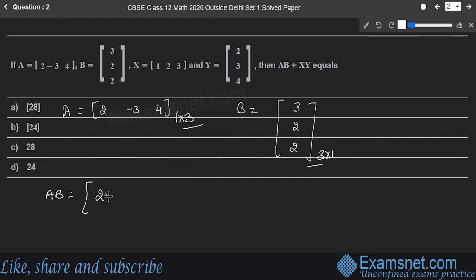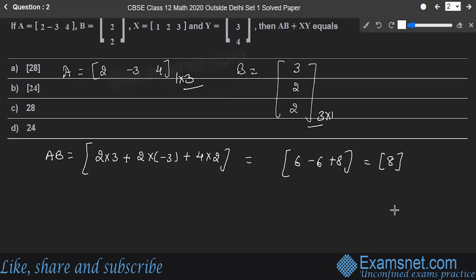So it will be 2 into 3 plus 2 into minus 3 plus 4 into 2. That's equal to 6 minus 6 plus 8, that is 8 only. This is the matrix AB. And let's go for XY.